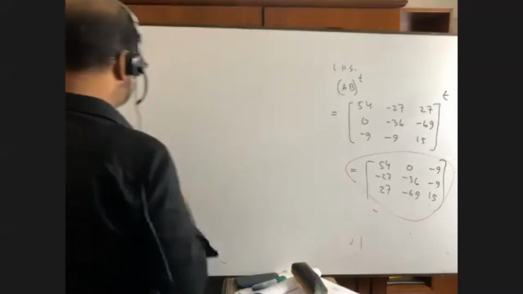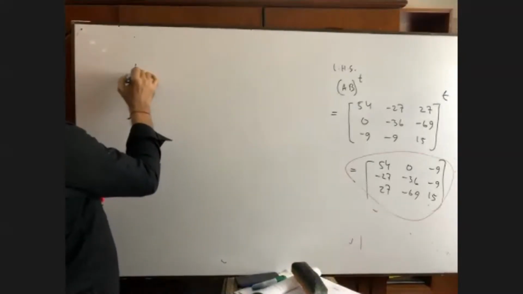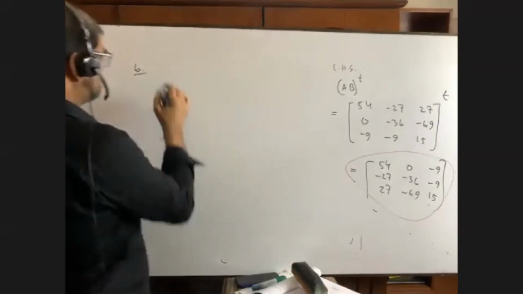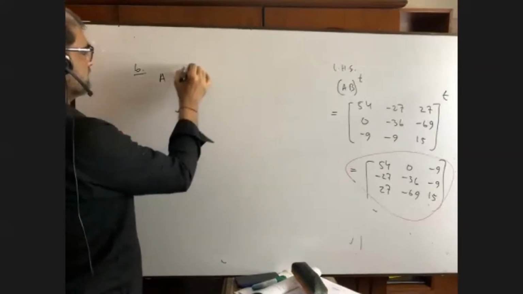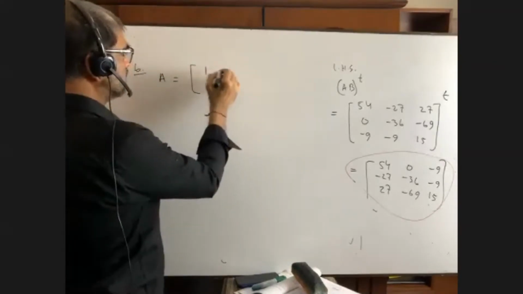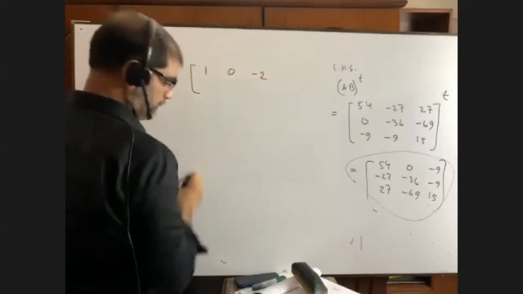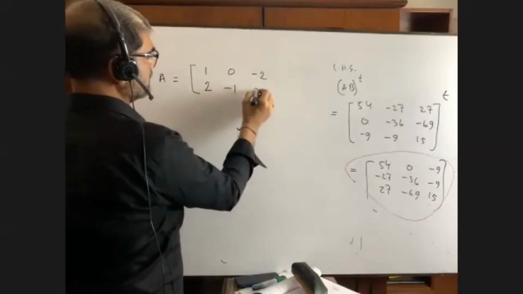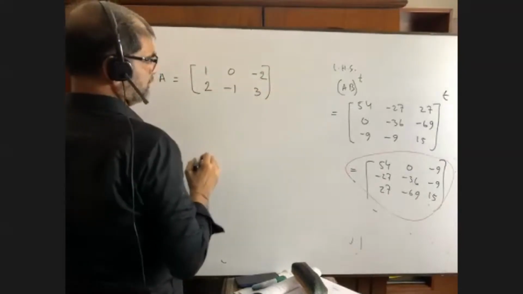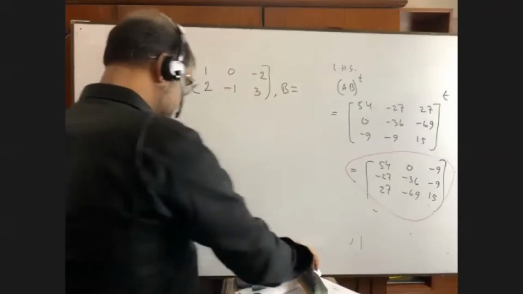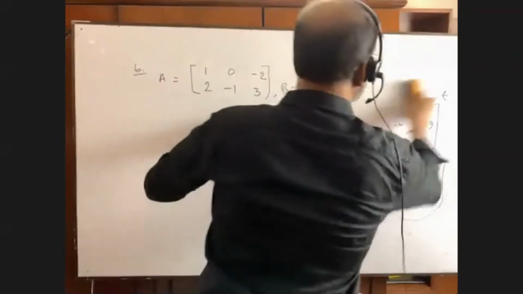Then question number B. You see, all of you, please pay attention. A equals 1, 0, minus 2; 2, minus 1, 3. And B is given: minus 3, 1; 2, 4; 1, minus 2.